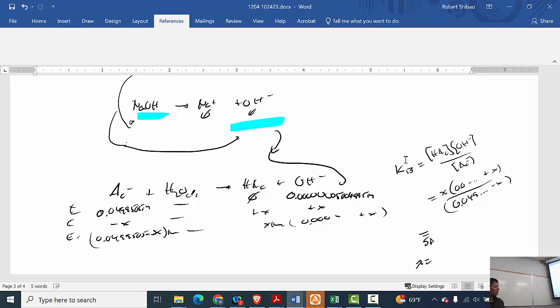And just calculate what my x is going to be. So I'm going to take my 5.004995 times 10 to the minus 8 and then invert that times Kb, which is 5.55 times 10 to the minus 10 from the earlier problem, divided by 0.0499505.